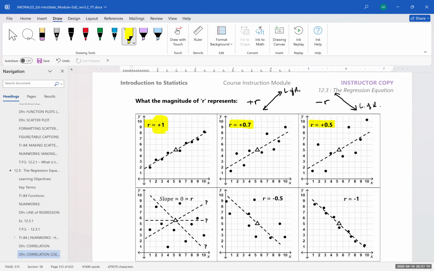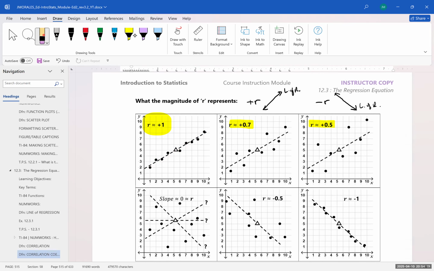Well, when you have a correlation coefficient of 1, the scatter plot is pretty closely bound to the line of regression. There's very little up and down scatter around the line of regression. The data points are pretty close to that line.